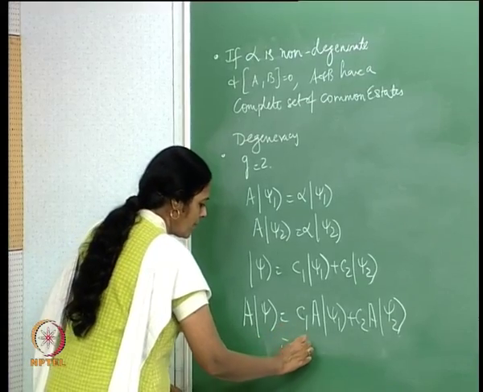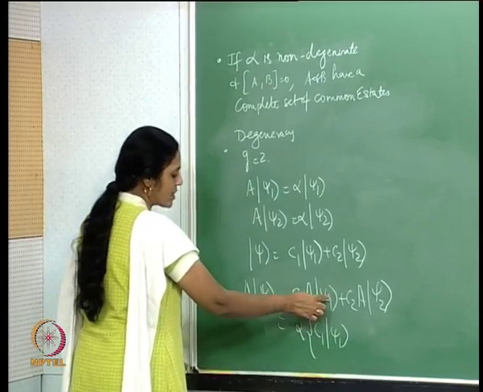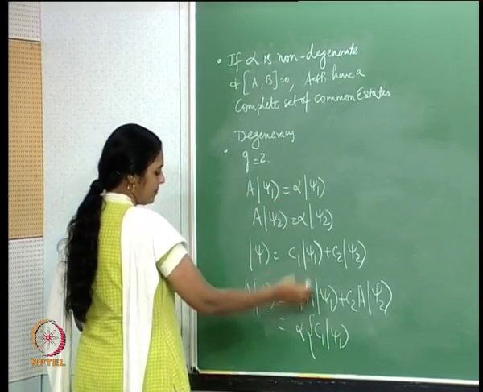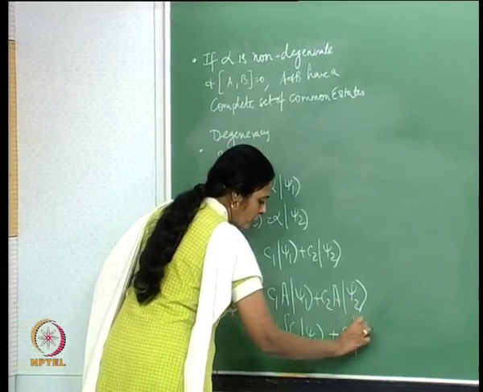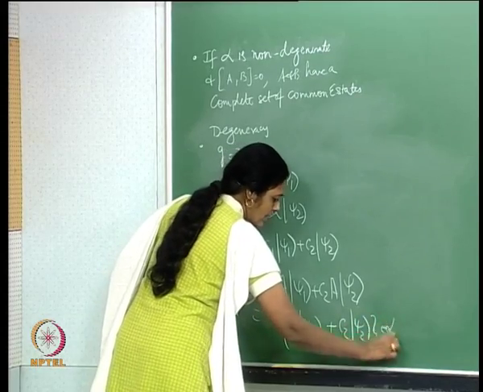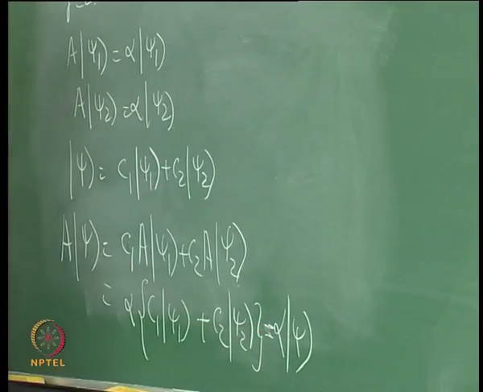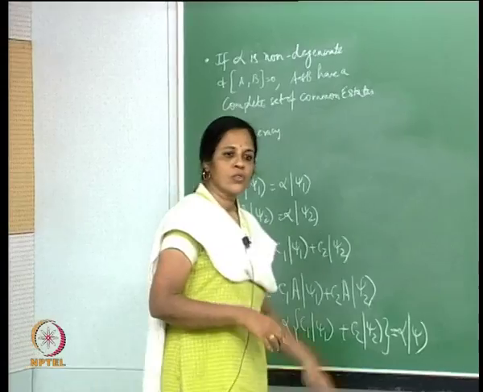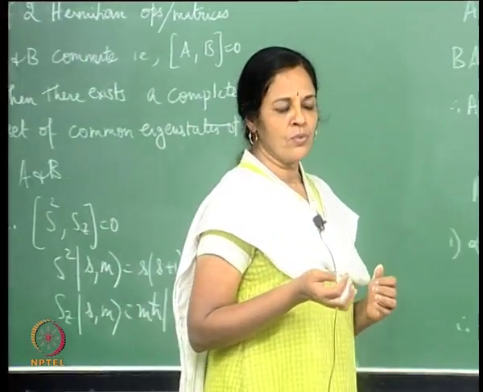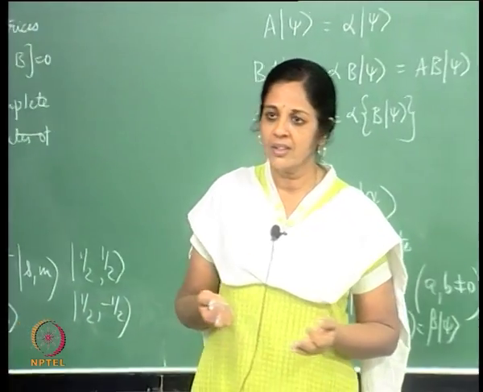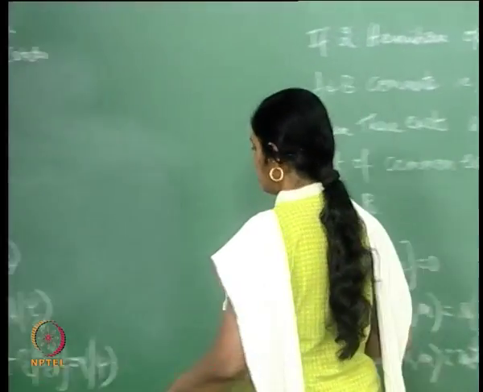That is the same as alpha C1 psi 1, because A psi 1 is alpha psi 1, and similarly A psi 2 is alpha psi 2, therefore, I have C2 psi 2, which is alpha psi. So, any arbitrary linear superposition of psi 1 and psi 2 is also an eigenstate of A with the same eigenvalue alpha. Now, let us look at B.